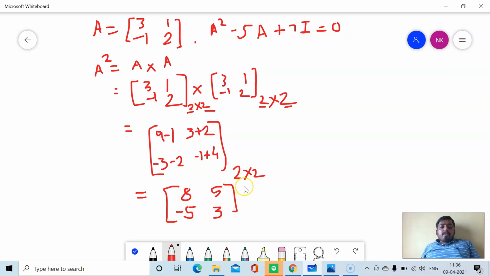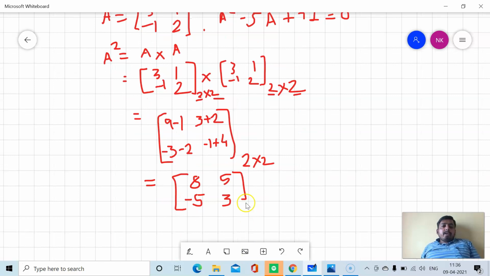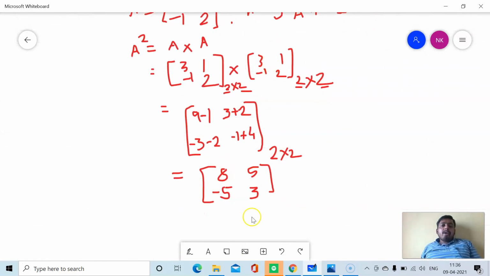So this was about A square. Next is minus 5A. That means you have to find 5A.